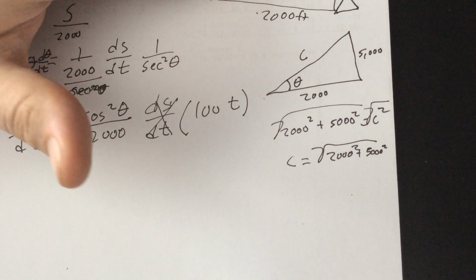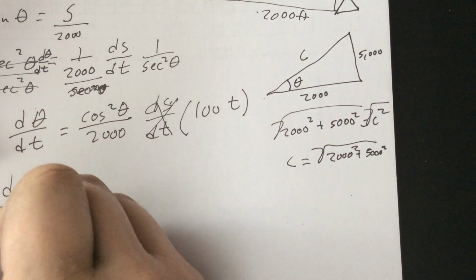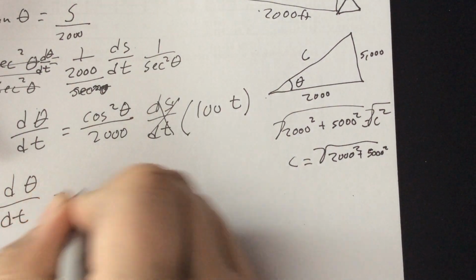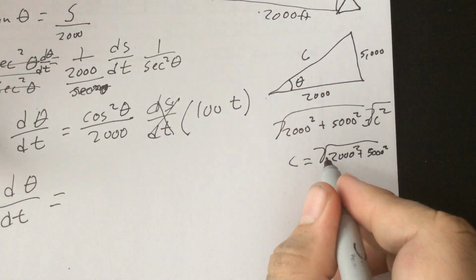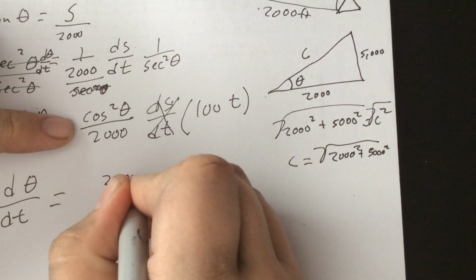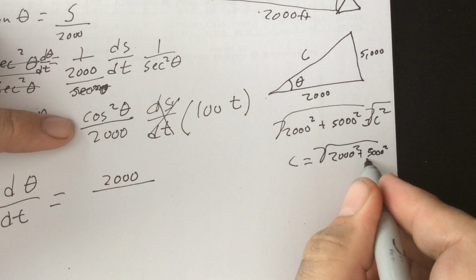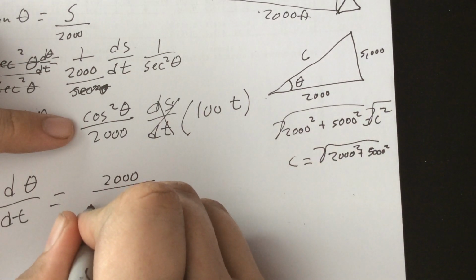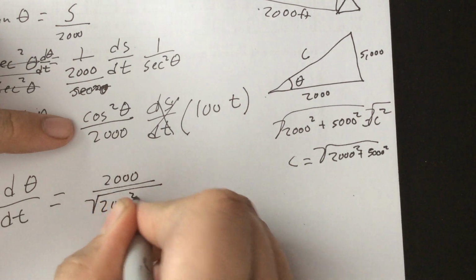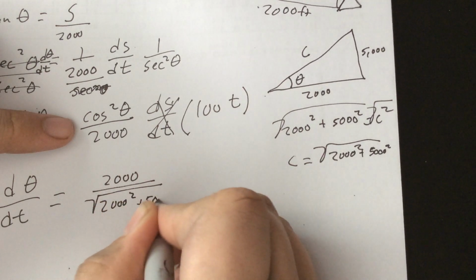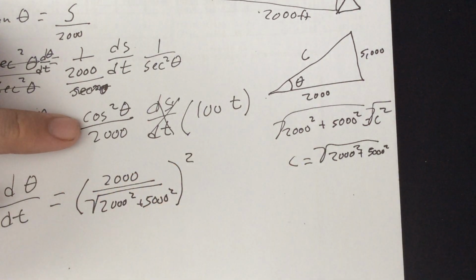So our adjacent is 2,000 over the hypotenuse. So we're going to have d theta over dt equaling cosine, which would be, like I just said, the 2,000 over the hypotenuse, the square root of 2,000 squared plus 5,000 squared, whole thing squared.